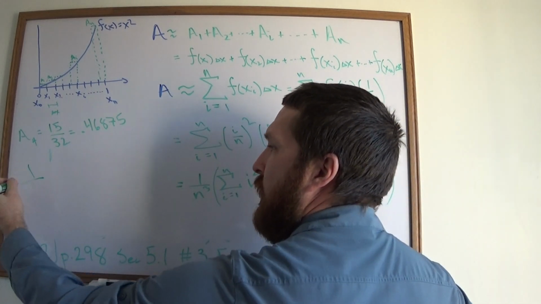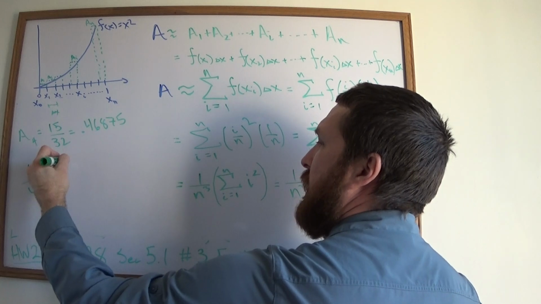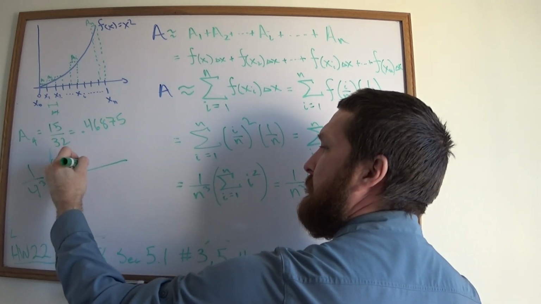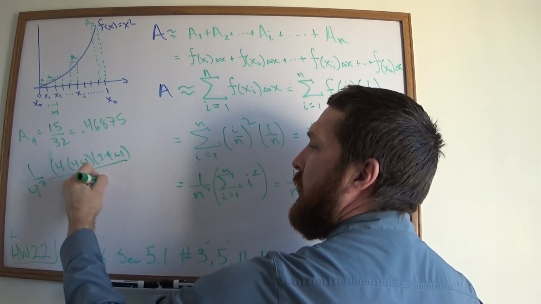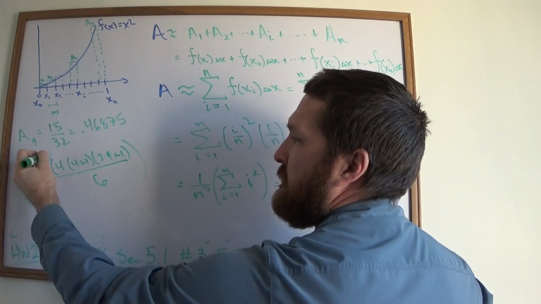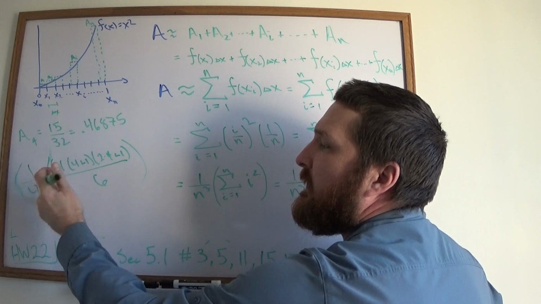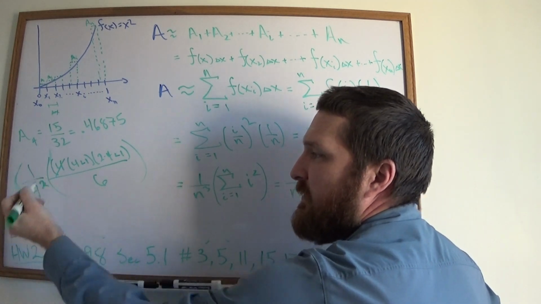Let's check it. 1 over 4 cubed times 4 times 4 plus 1 times 2 times 4 plus 1, all over 6. Okay, so let's cancel one of these 4s. There's a 4, we'll take it down to 2.